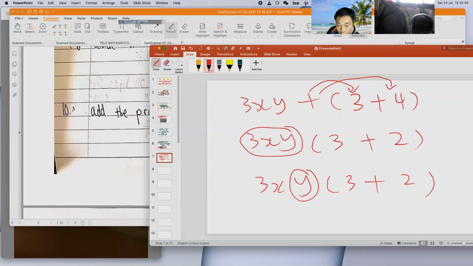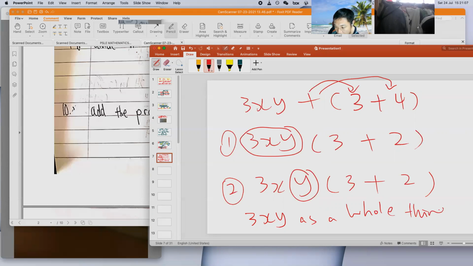So now the question is between the 1 and the 2, right? Am I right? Yeah. So now the question I ask you is, do you see 3xy as a whole thing? Or do you see it as an individual item?